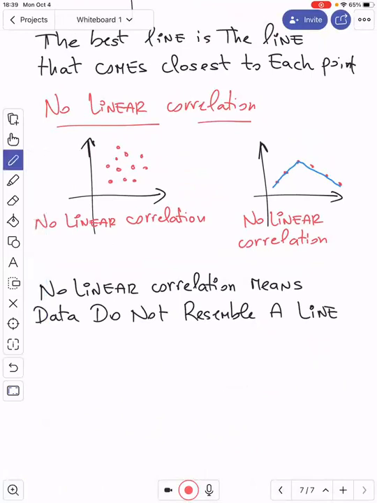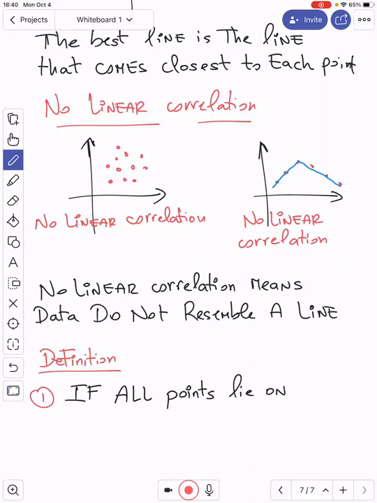So for example, we can take it as a definition. If all the points lie on a straight line, okay, then X and Y have a perfect linear correlation.